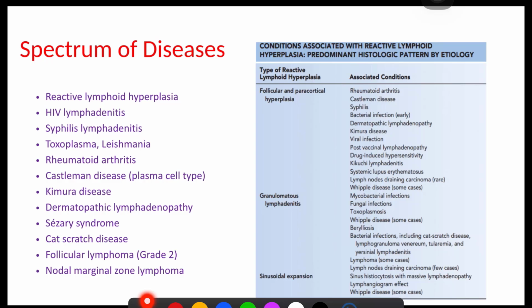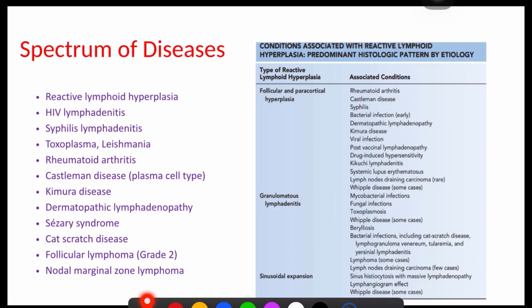But if we divide this pattern histologically into three categories: follicular and paracortical hyperplasia, with associated conditions here; granulomatous lymphadenitis, where we can find mostly TB, fungal, toxoplasma-like infections; and another is sinusoidal expansion.